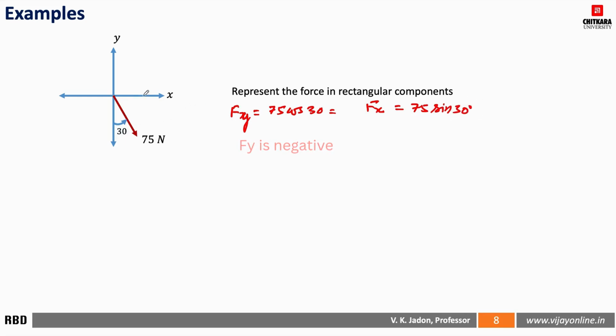This is in the positive direction. Here I can take the projection, and this is in the negative direction. So we have to put a minus sign here.